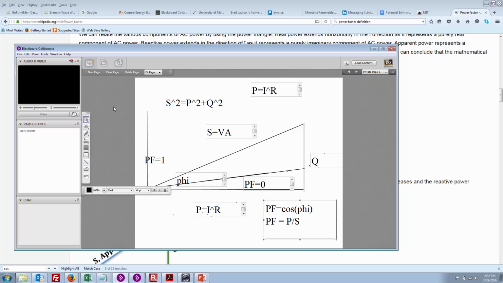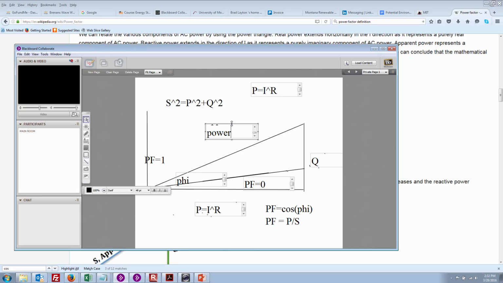Okay, so guys, I just had a little nomenclature snafu, and you'll notice by looking at the board, I had just transposed S and Q. So S is apparent power, and I'll just write that out. Apparent power.